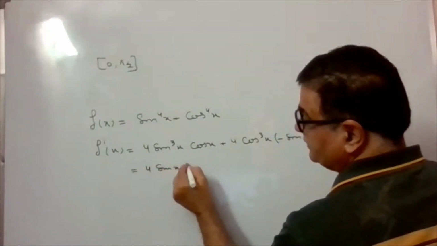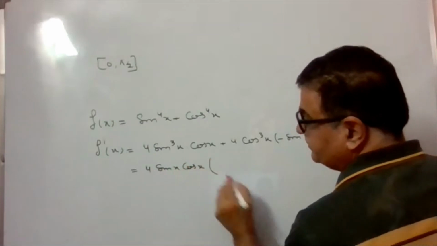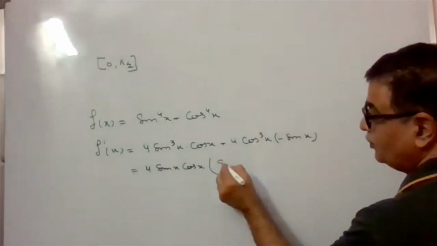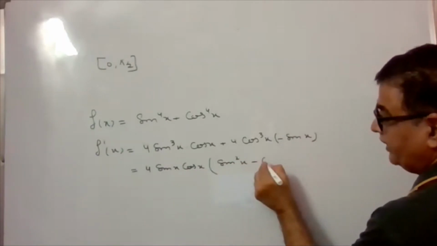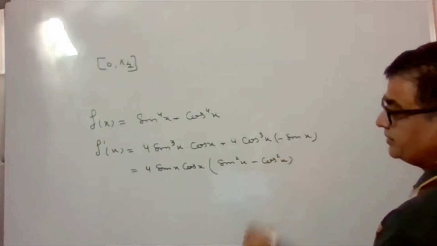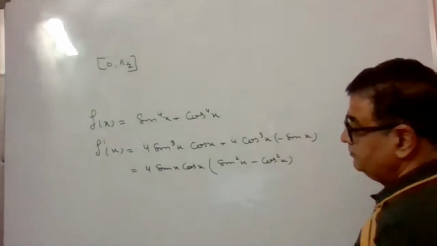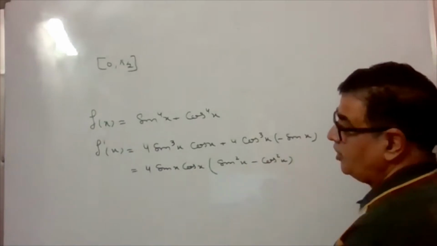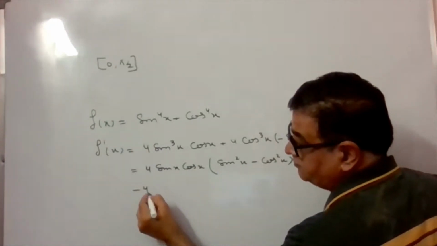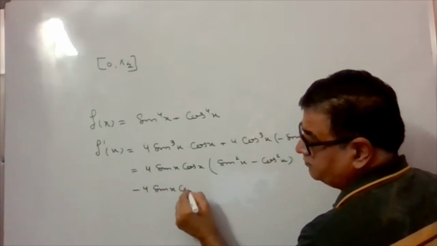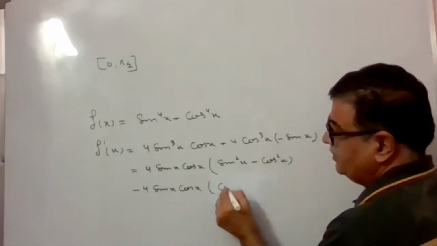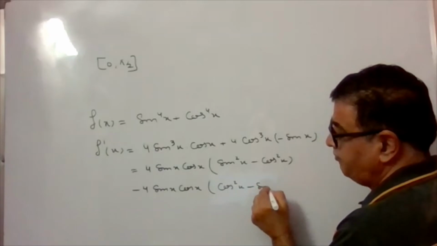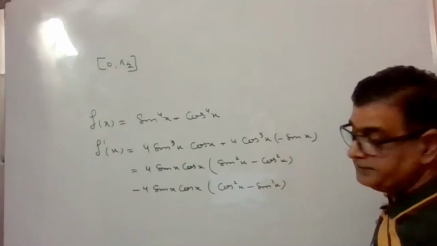Then we have common sin x and cos x. When you do this, it will come out to be sin square x minus cos square x. This again I'll take minus common here.